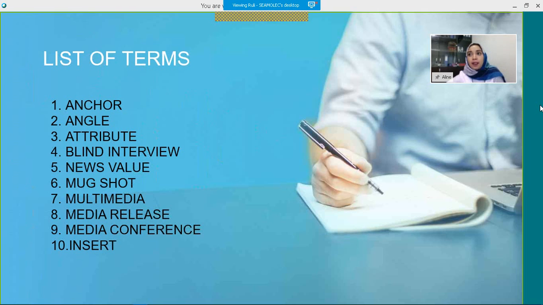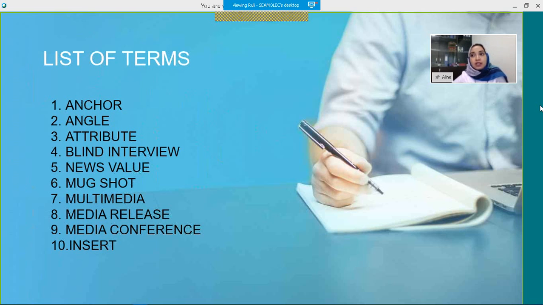For example, in a local city, they have a celebration or an event. Which angle would you like to choose to highlight in your news?